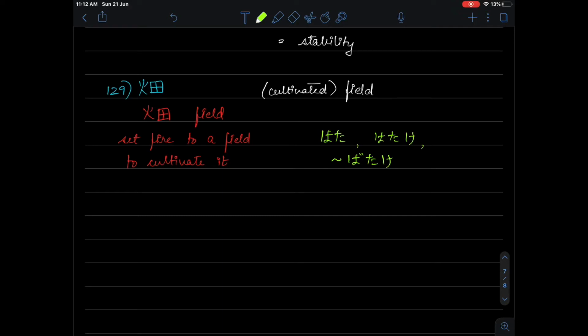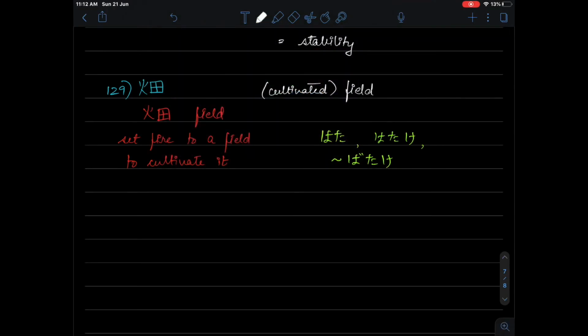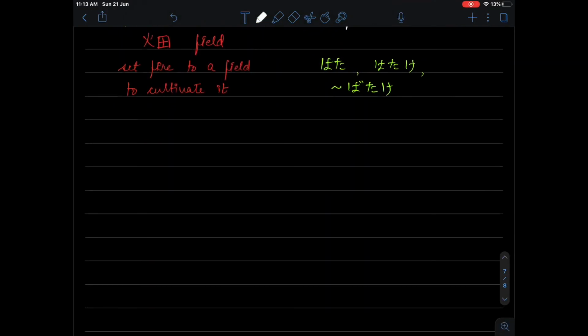Okay, piece of trivia: if you know Naruto, then you know Naruto's teacher, Kakashi sensei. The whole name of Kakashi sensei is Hatake Kakashi. This is that Hatake. Okay, his last name is Hatake. This Hatake. All right, let's have a look at some words.